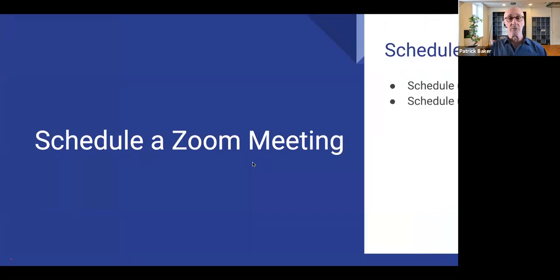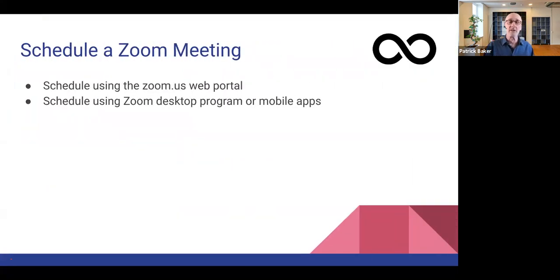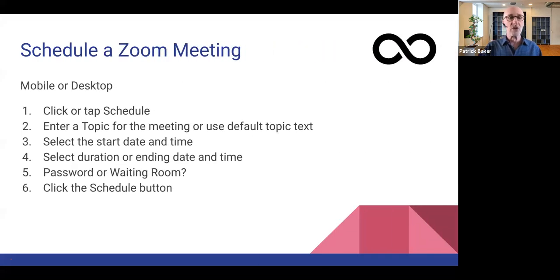If I'm scheduling my Zoom meetings, I can do it one of two ways. I can schedule through the zoom.us web portal, or I can use the Zoom desktop program or mobile apps. In the example I'm going to walk through for today's presentation, I'm going to focus on the desktop app. But I have instructions for both in my Zoom host cheat sheet. Actually, I did include it for both, but the pictures will probably only reflect the desktop version.